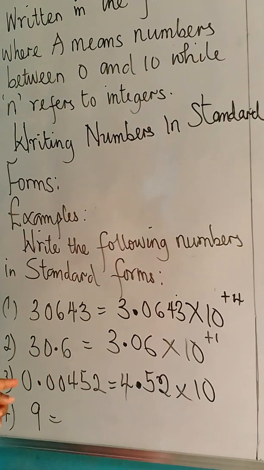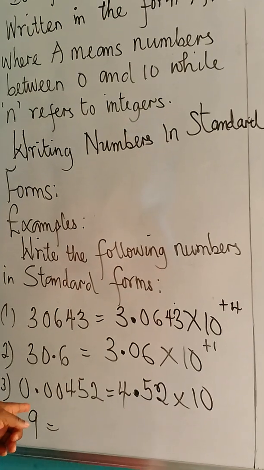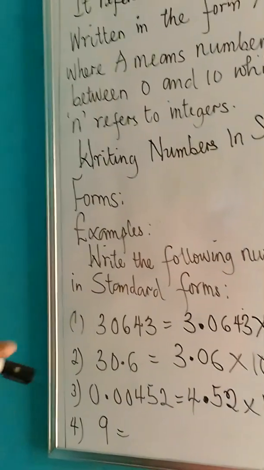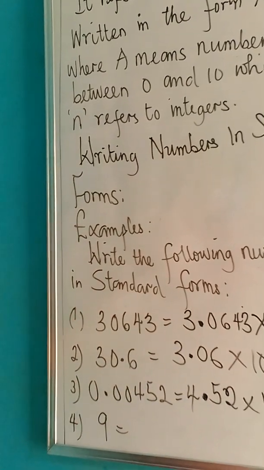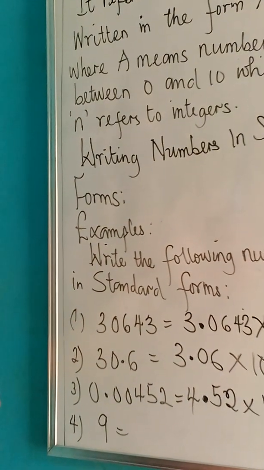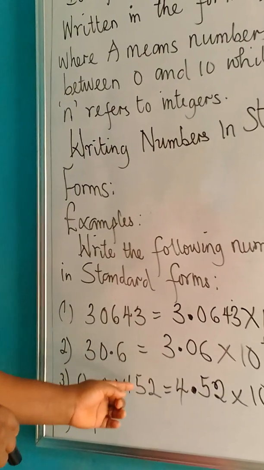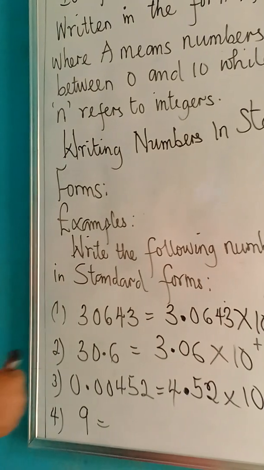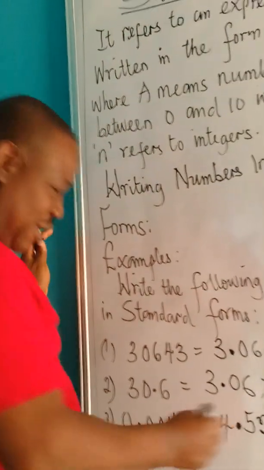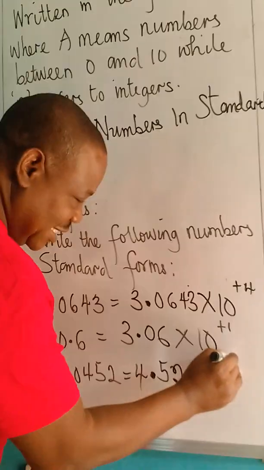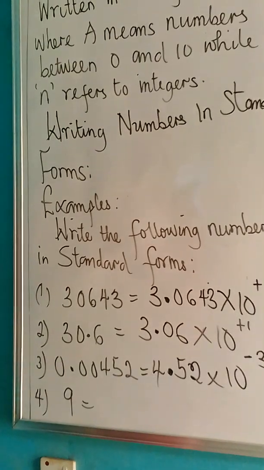Check out the position you are moving your decimal point from. You would have observed that your decimal point is moving from the left hand side. And that way, you'll be having 1, 2, and 3. Which means the fact that you have moved from the negative side means your integer becomes negative, minus 3.